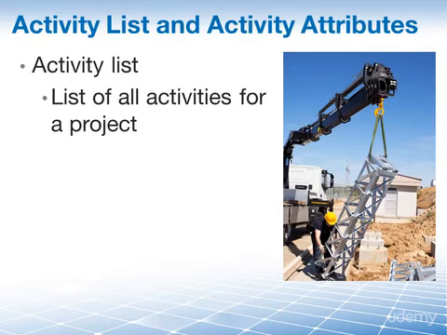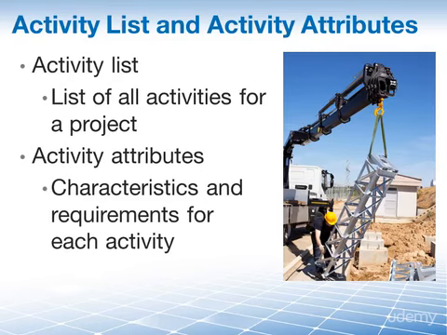Well, we may have to update the activity list. And of course, if we update the activity list, most often we will also update the activity attributes. These describe the various characteristics and requirements of our schedule activities.